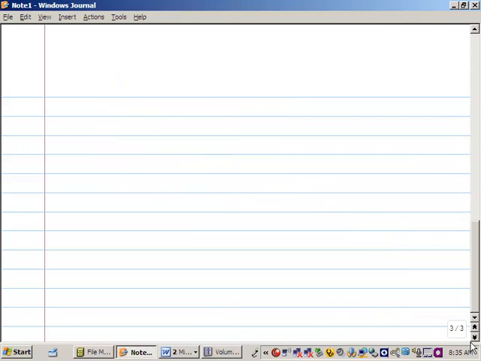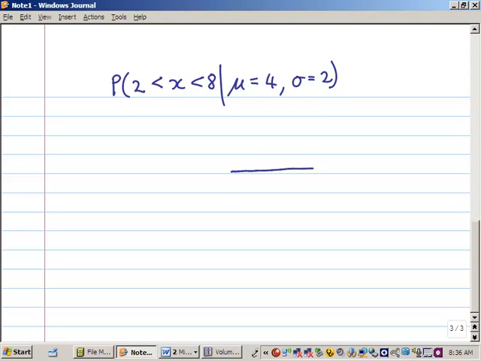Alright, so let's do this properly and with formulas. Let's say that we're interested in finding the probability of getting an x on a normal distribution between 2 and 8, where the mean of that normal distribution is 4 and the standard deviation is 2. So we would do the diagrams as we just did on the previous page, but let's do them here.